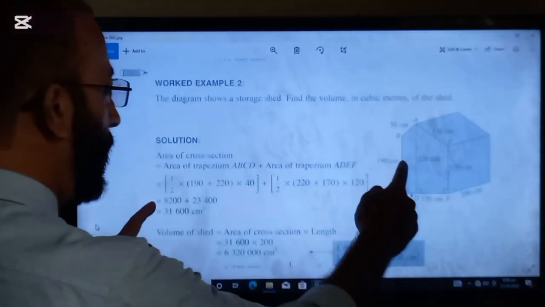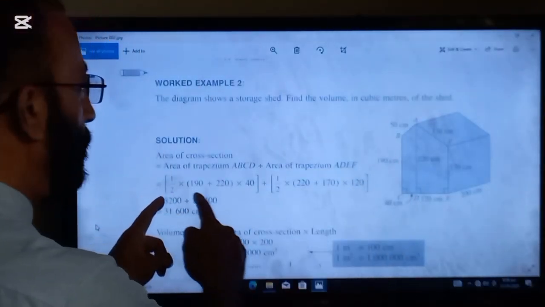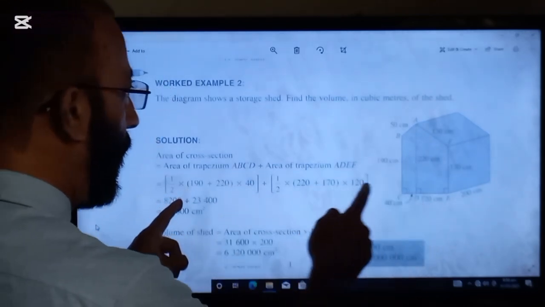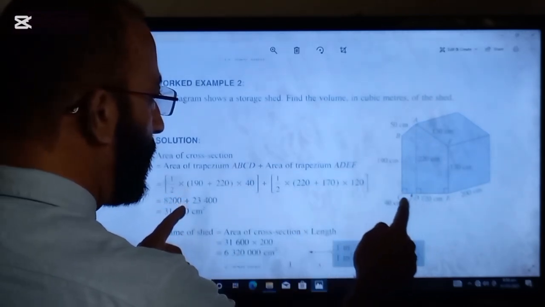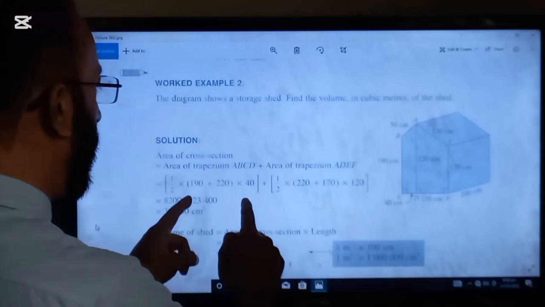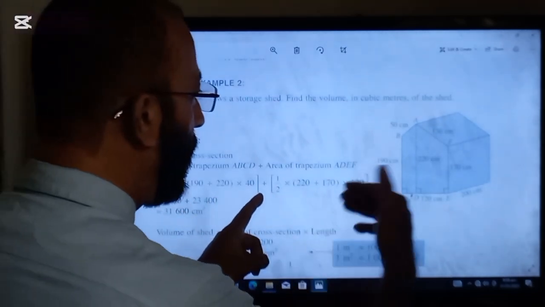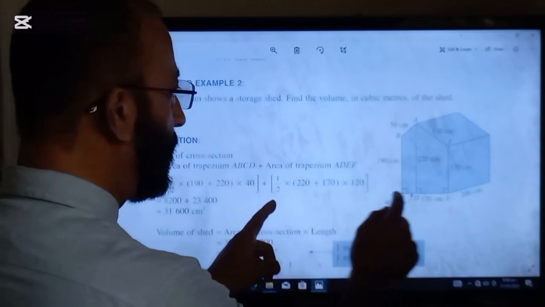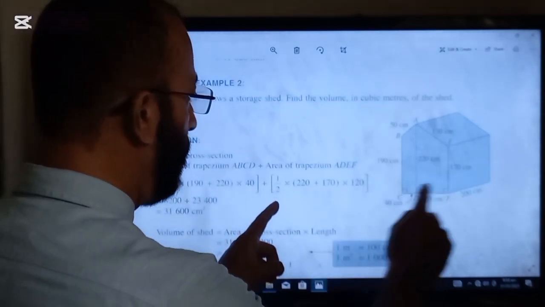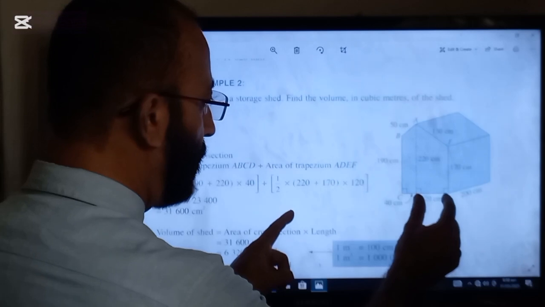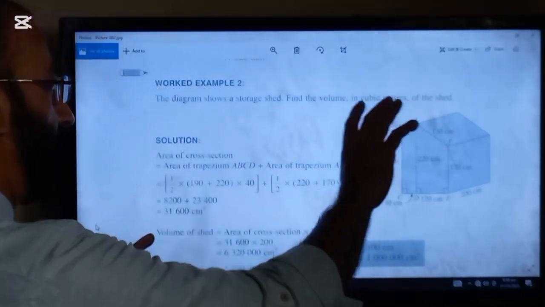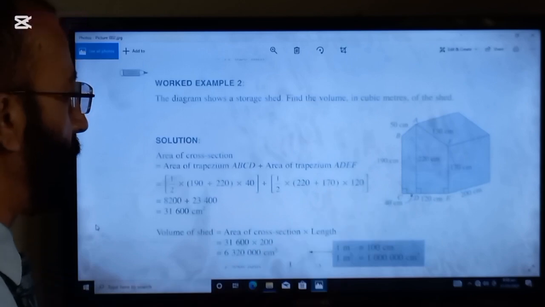So for the left trapezium, 1 by 2, parallel sides are 190 and 220, and the height between them is 40. This is given. Likewise, plus on the right trapezium, 1 by 2 will remain as it is. The sum of the parallel sides is 220 and 170, and the height between them is 120. Solve it on the calculator. This is the area of the front side, that is a cross section.